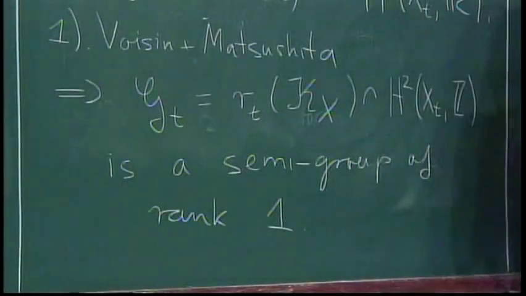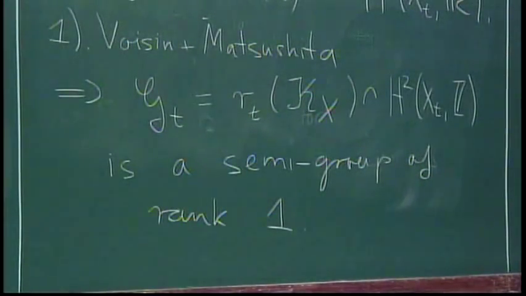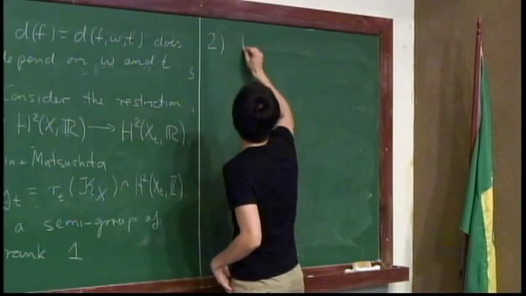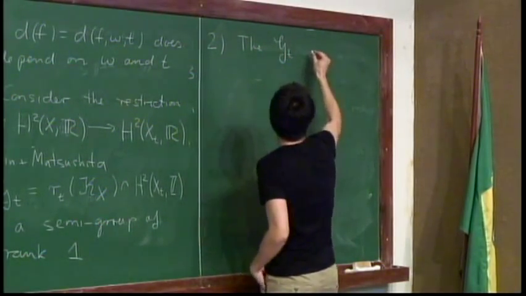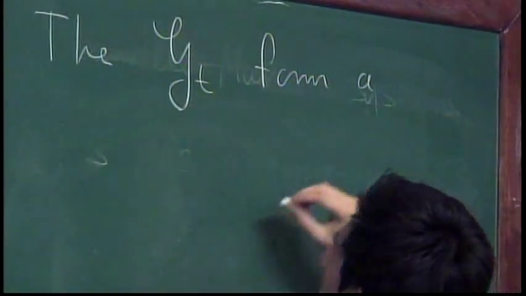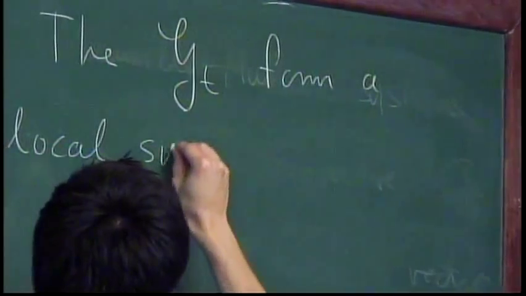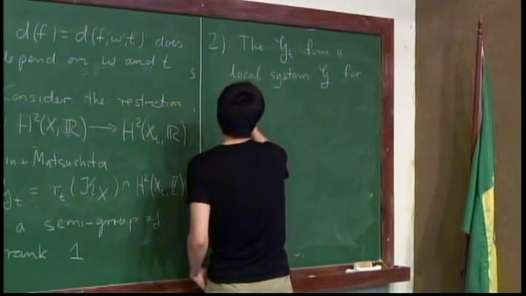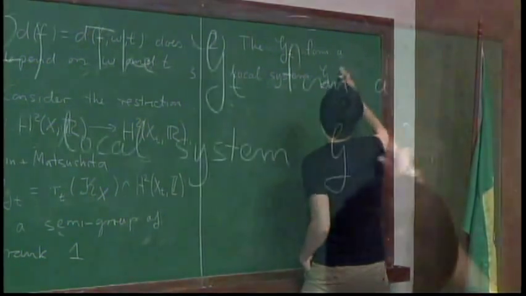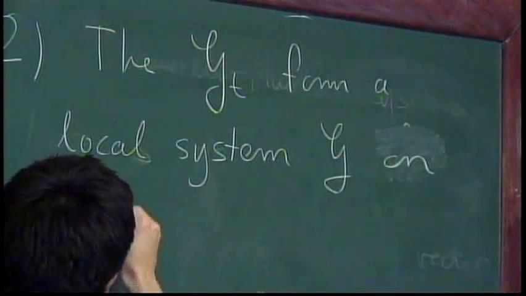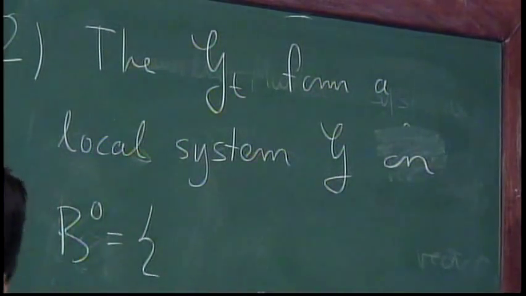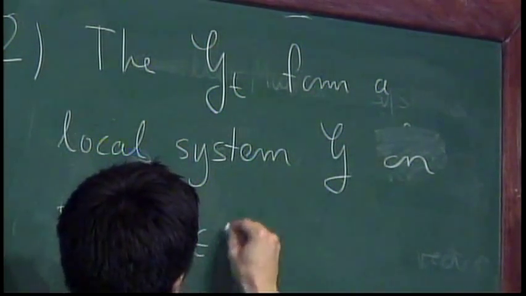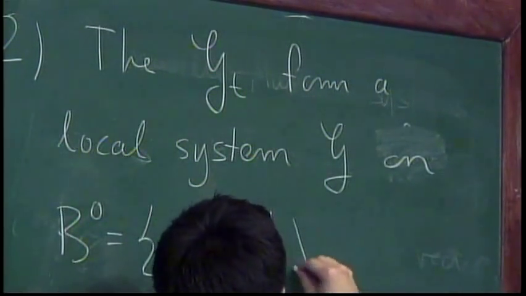Now it's easy to figure out that if we let t vary over all smooth fibers, the G_t form a local system, G, for all t's, a local system on B0, which is just the subset of B parametrizing the smooth fibers.